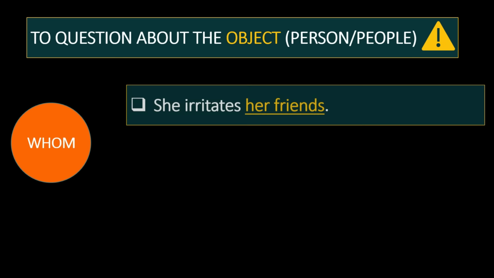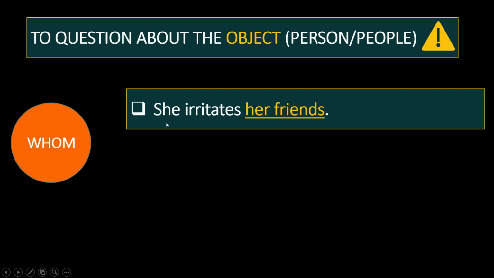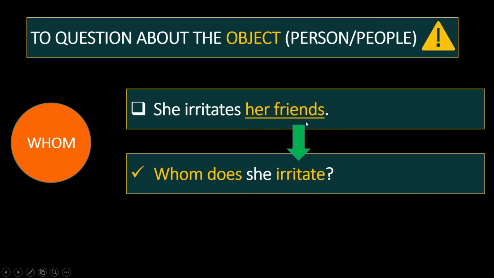The next one, again with whom. This time you have this sentence. She irritates her friends. Again, the focus is not the subject, so we can't use who. We have to use whom. So the object is her friends. The question is this. Whom does she irritate? Again, we have something different here. This time irritates, verb 1 plus s.